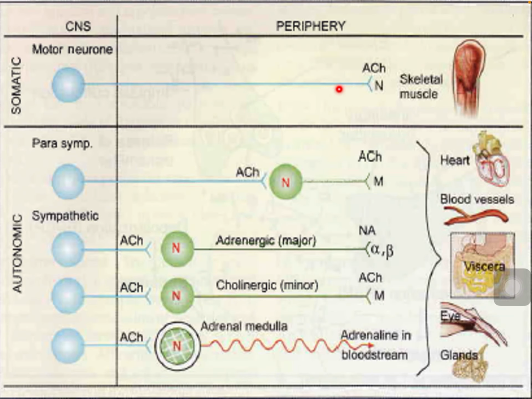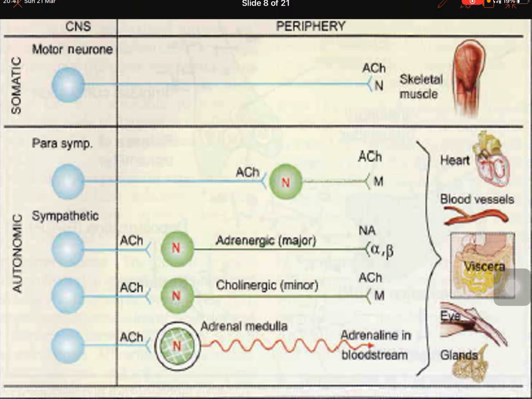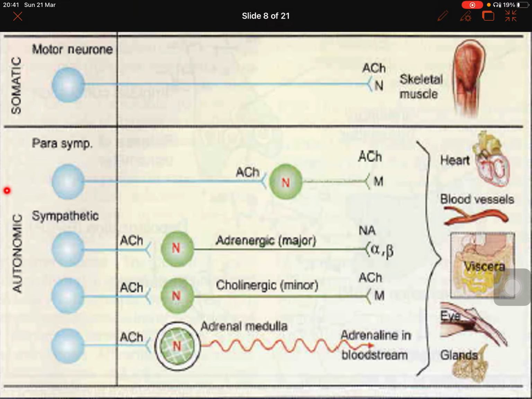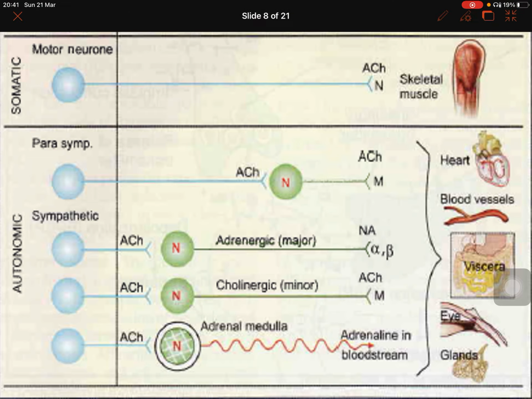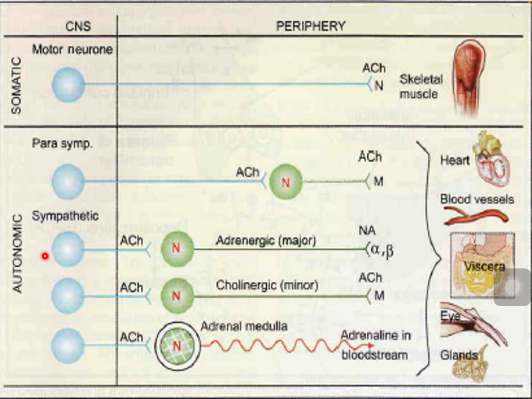Then comes the autonomic nervous system. It is divided into two parts, the parasympathetic and the sympathetic. In the autonomic nervous system, there is always an efferent neuron which sends a fiber known as the preganglionic fiber, which synapses in the ganglia.